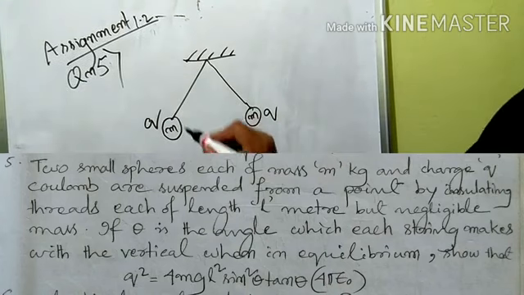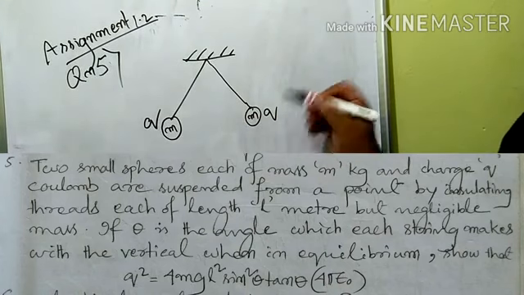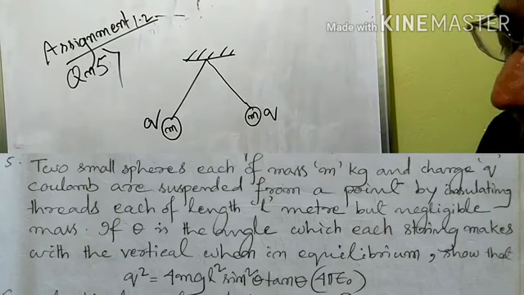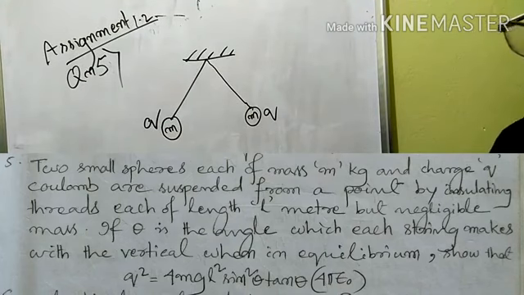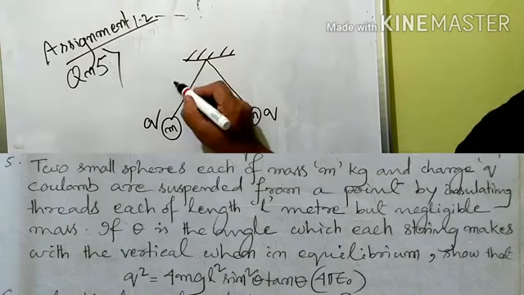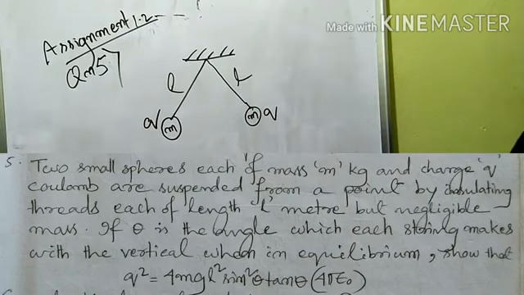See, Coulomb is the SI unit, that's why I am not writing, and m kg, all are in SI units only, so I am not writing the units, to make the diagram look clearer. Suspended from a point by insulating threads of length L. This length is L, length of the thread is L meter, but negligible mass.